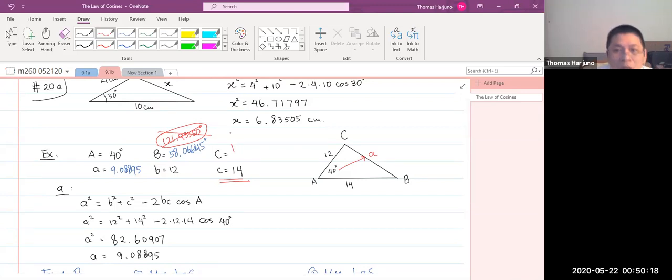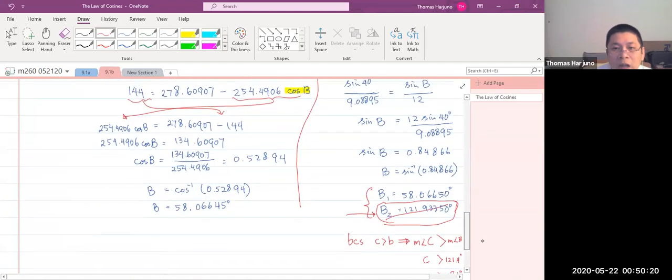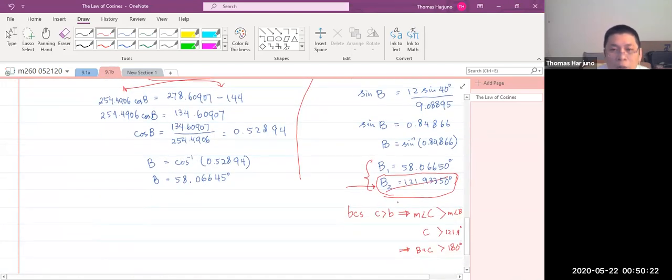Okay. Now the thing is, I don't think during the test you can think that far to eliminate this B2. It's kind of a hard argument to make. That's why I say it is safer for you to use law of cosine, even though it may be longer.